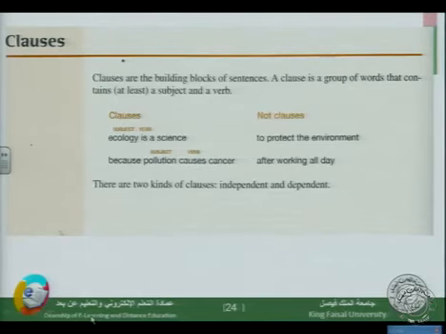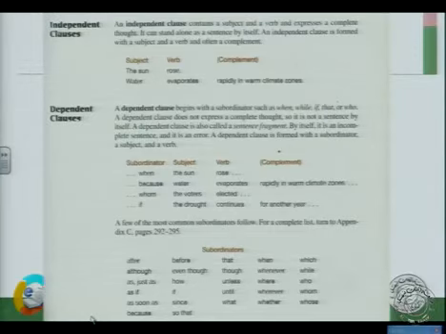And we said there are two kinds of clauses, independent or dependent. We said the independent clause has a full meaning by itself, but a dependent clause is meaningless without a complement. We said an independent clause contains a subject and a verb and expresses a complete thought.